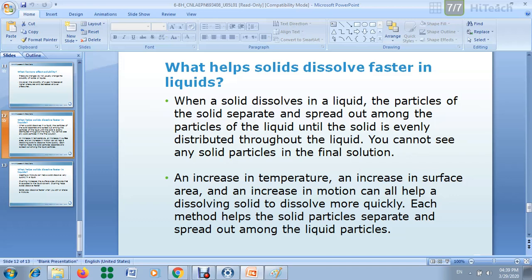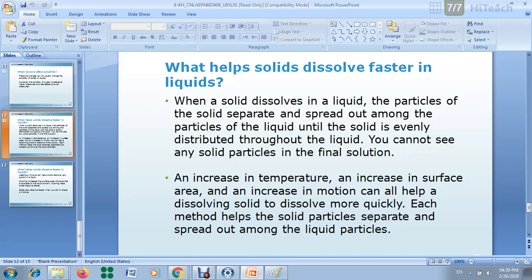Which means, if you have, for example, salt and you want to dissolve it in water, the particles of the salt start to spread through the water particles. At the end, you will not be able to see the particles of salt.